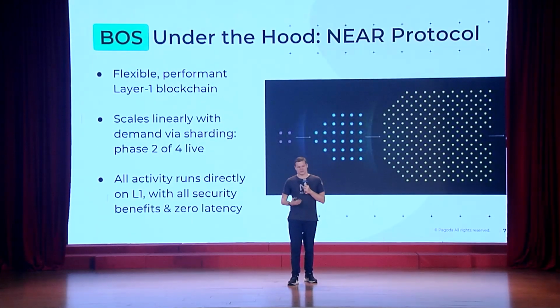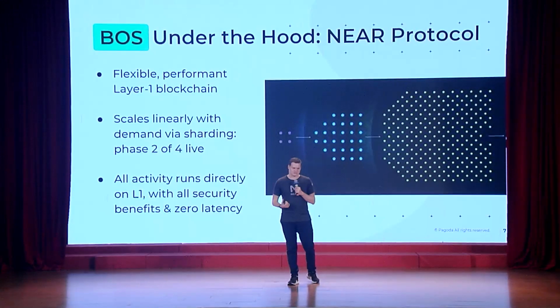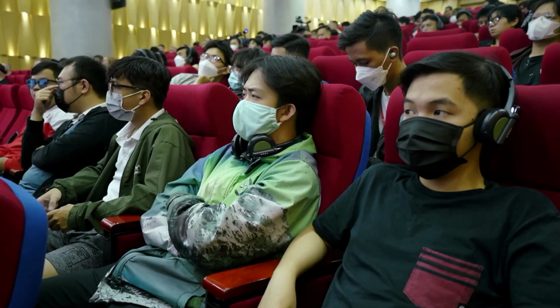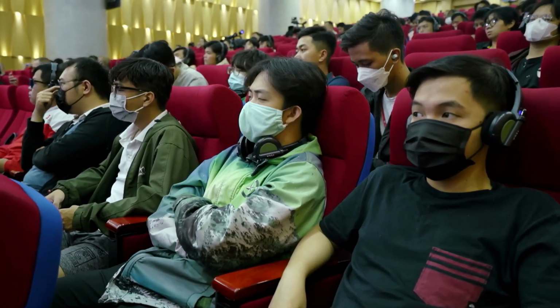Under the hood, this is all powered by Near Protocol. With Near Protocol, we focused from the start on making it extremely flexible with a WebAssembly runtime and an extremely flexible account model. We focused on performance with a 1 second block time, and on scalability, to continue growing the capacity of the network with usage.